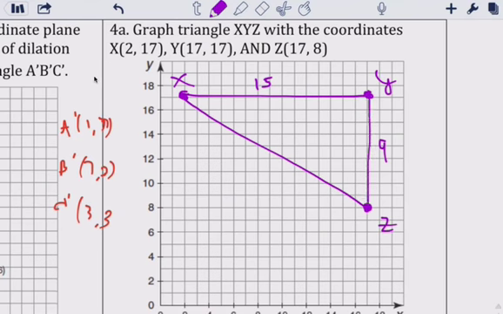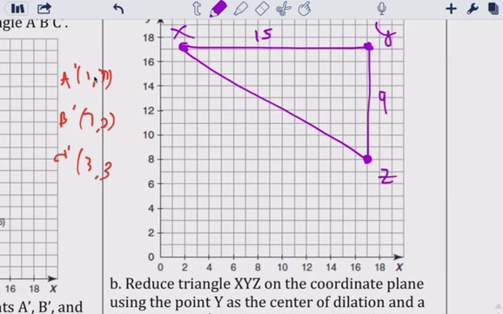Okay. Reduce triangle XYZ on the coordinate plane using Y as the center of dilation and a scale factor of 1/3. Y is your center of dilation, so this point Y stays put. Reduce it to 1/3.